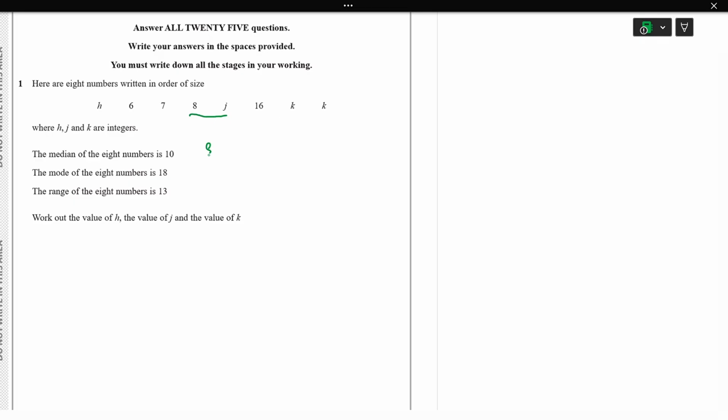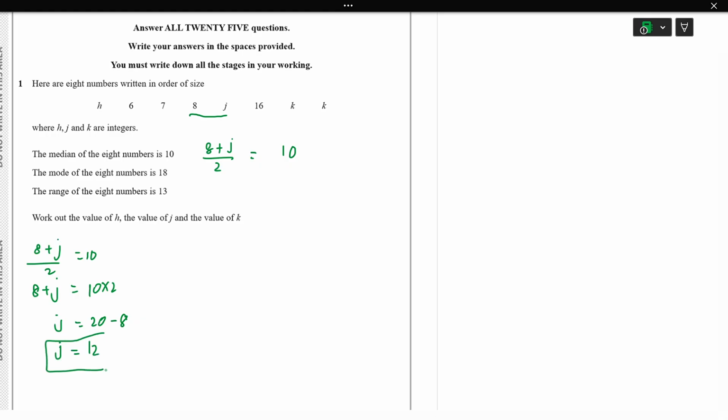So (8 plus J) over 2 equals 10. So 8 plus J equals 10 times 2, so J equals 20 minus 8, so J equals 12.